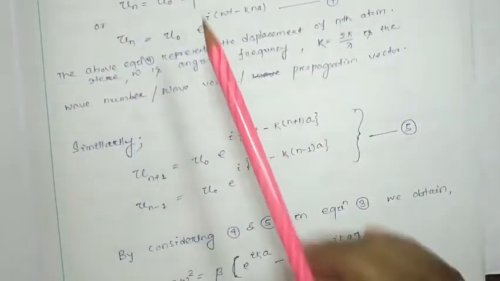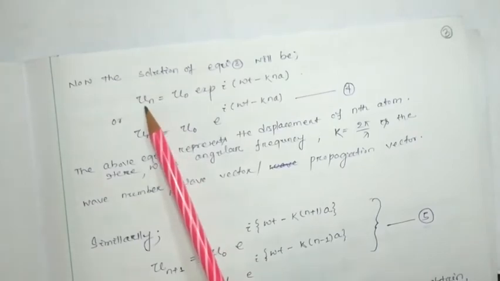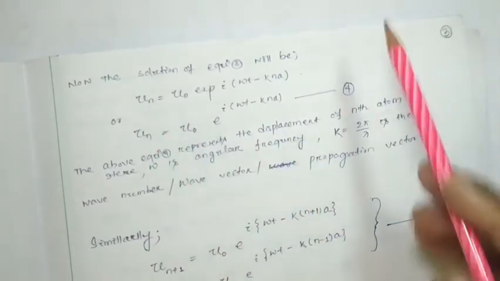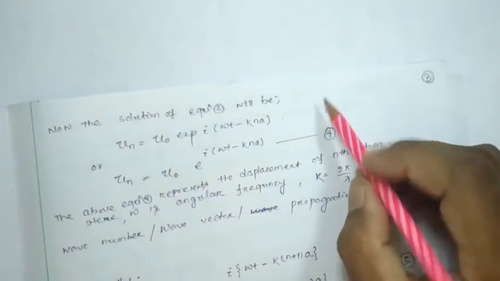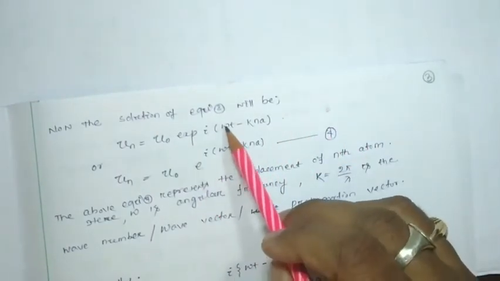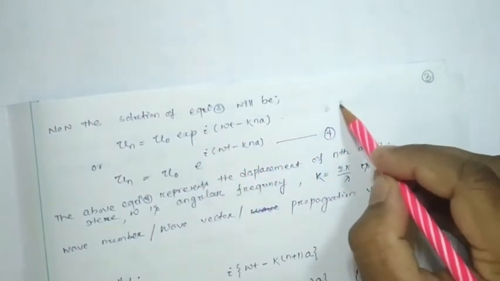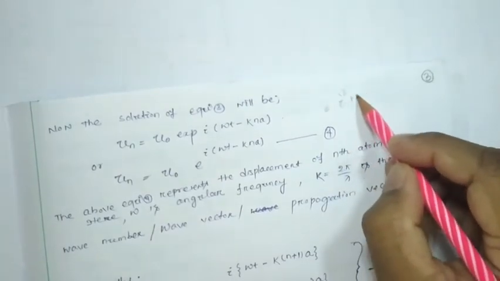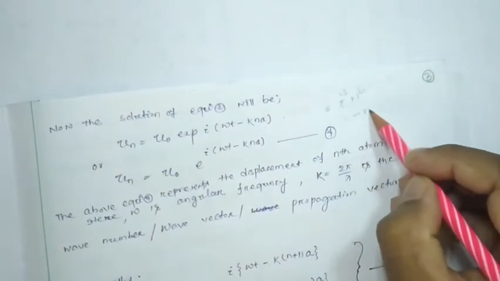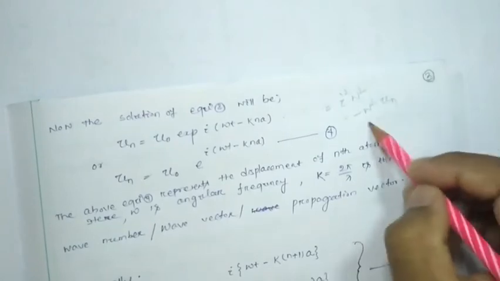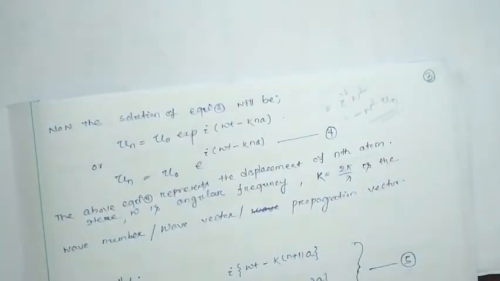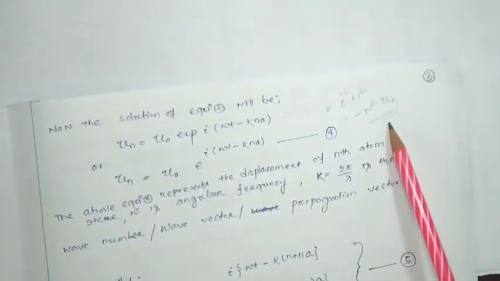How much will we get? Taking the double derivative of un with respect to t, it will be i square omega square, that means minus omega square un. We find minus omega square un.